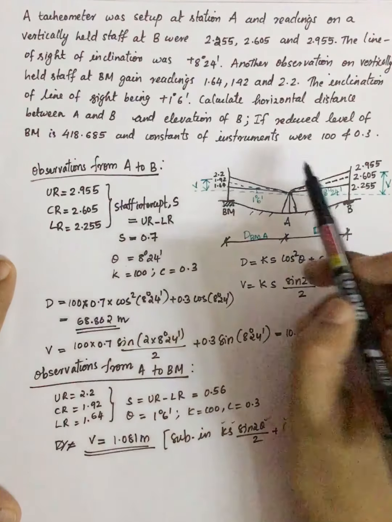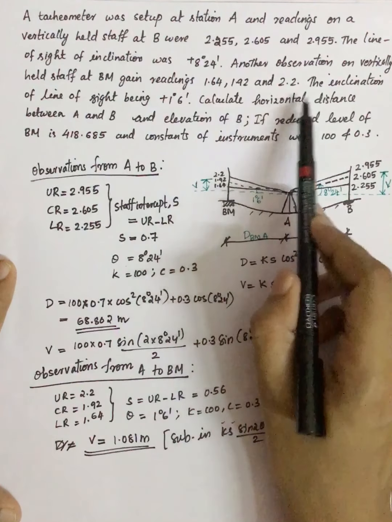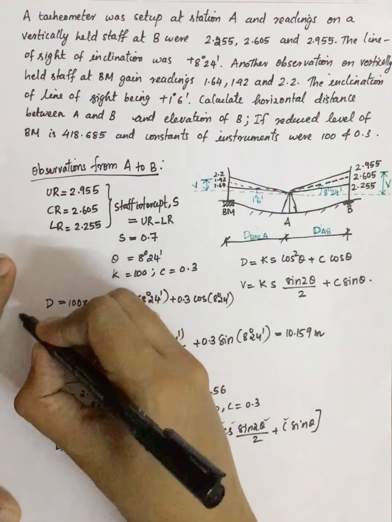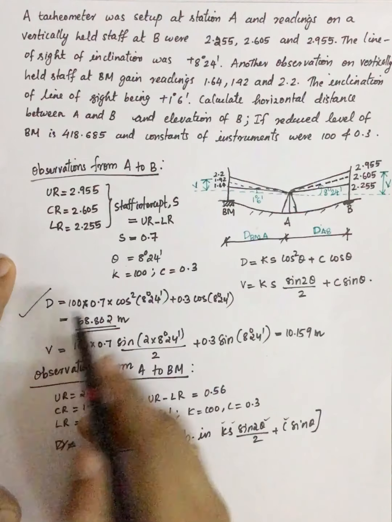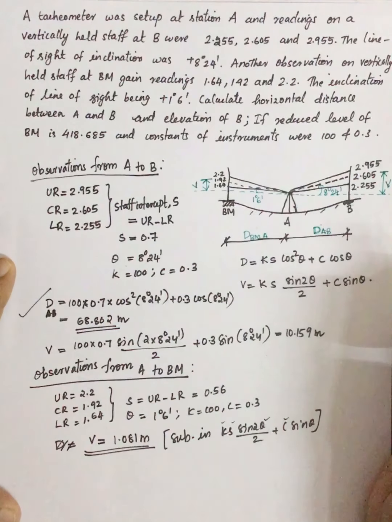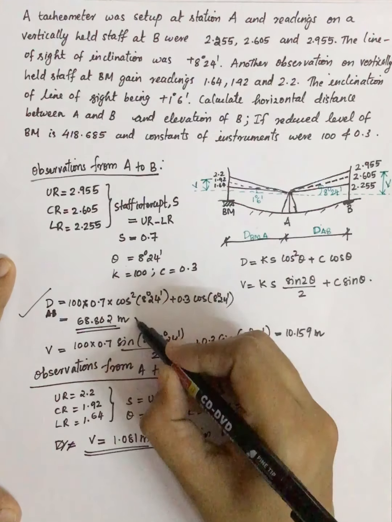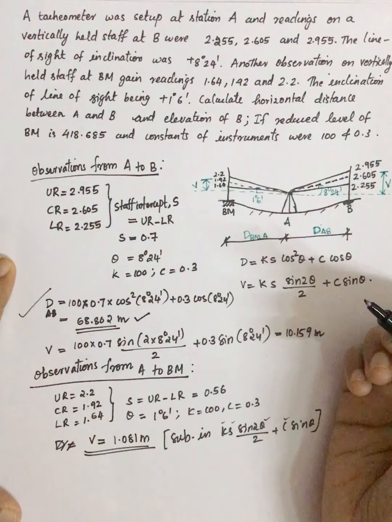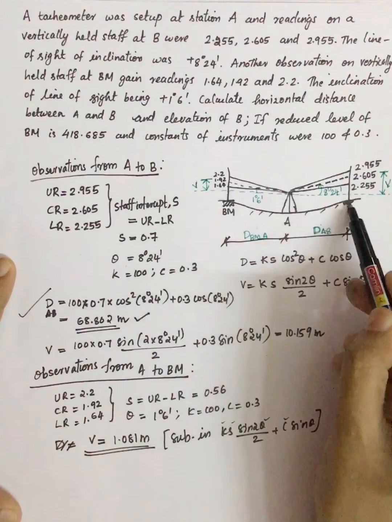So the first question was, what is the horizontal distance between A and B? That we already found. Distance between A and B is 68.802 meters. The second question is, what is the elevation of B?